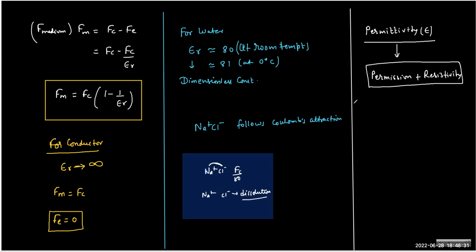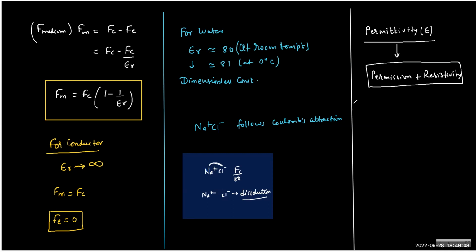So vacuum offers the least resistance to interaction. I'm not saying it's offering zero resistance, I'm saying least resistance, and therefore the permission by the vacuum compared to other media is maximum. So free space offers the least resistance to permit the lines of force to interact with each other. This is how you can think about it.